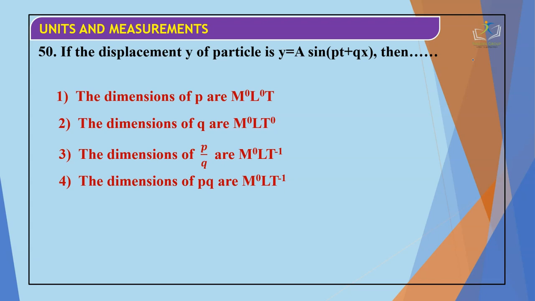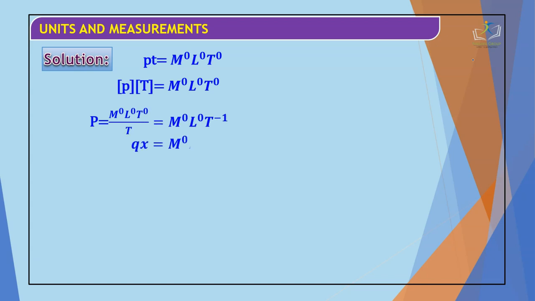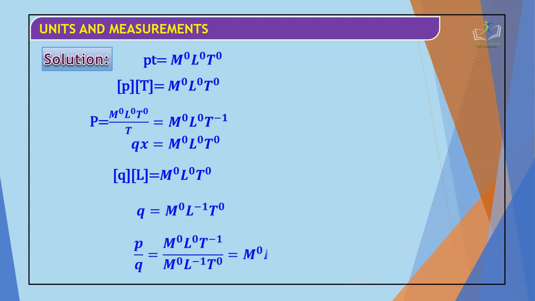Because if it asks dimensions of p and dimensions of q, you only calculate p and q, but here you have to be careful for this type of question. So solution: pt is equal to M0 L0 T0, because this is a constant term. Now from here we can calculate the value for p, which is T minus 1, and q, which is L minus 1. So p by q is equal to L T minus 1. From here we can get the answer: the third one is the right answer.